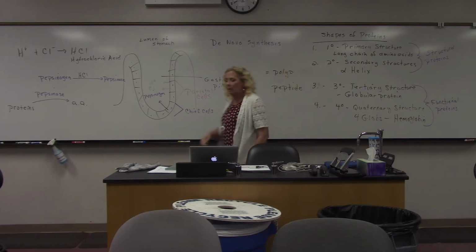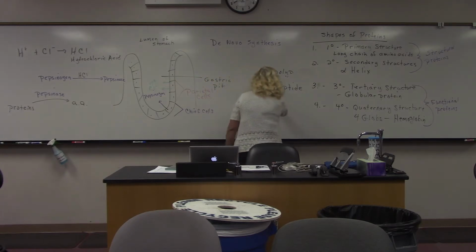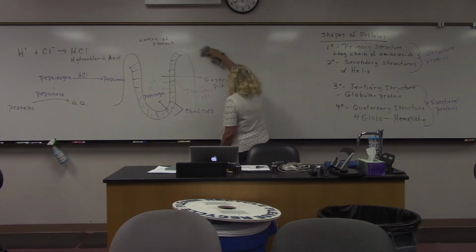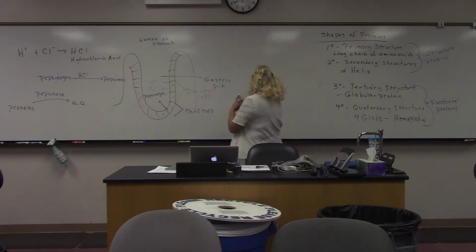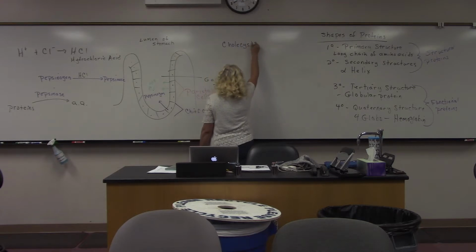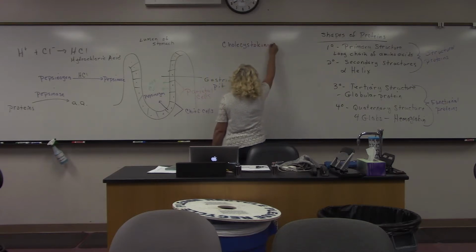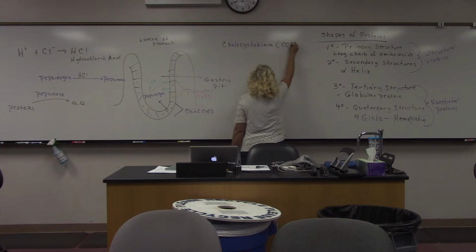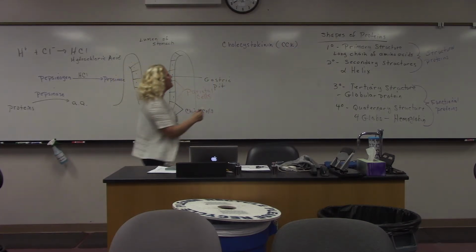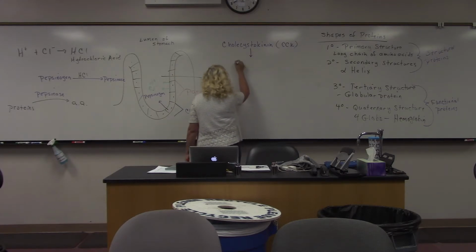So in the small intestine, remember, we're secreting that hormone from the wall of the small intestine, which is called cholecystokinin, which is CCK. One of the jobs of cholecystokinin is to stimulate the pancreas.